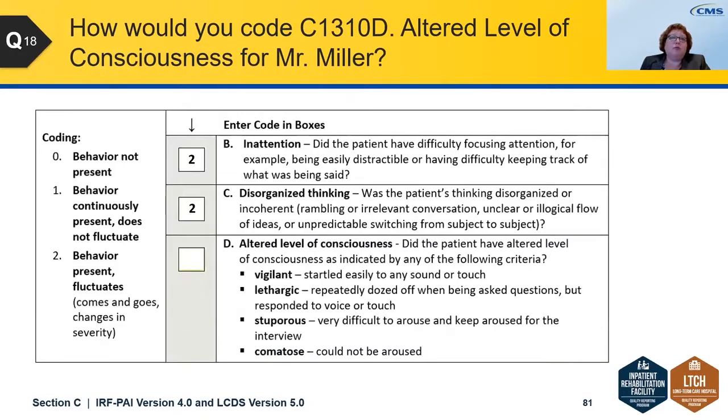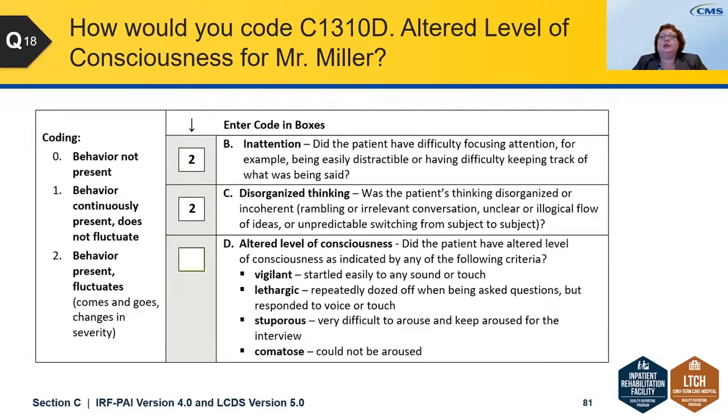Okay, so for the final item in C1310, C1310D, altered level of consciousness. So how would you code C1310D, altered level of consciousness, for Mr. Miller? Is it code 0, behavior not present, 1, behavior continuously present, does not fluctuate, or 2, behavior present fluctuates?